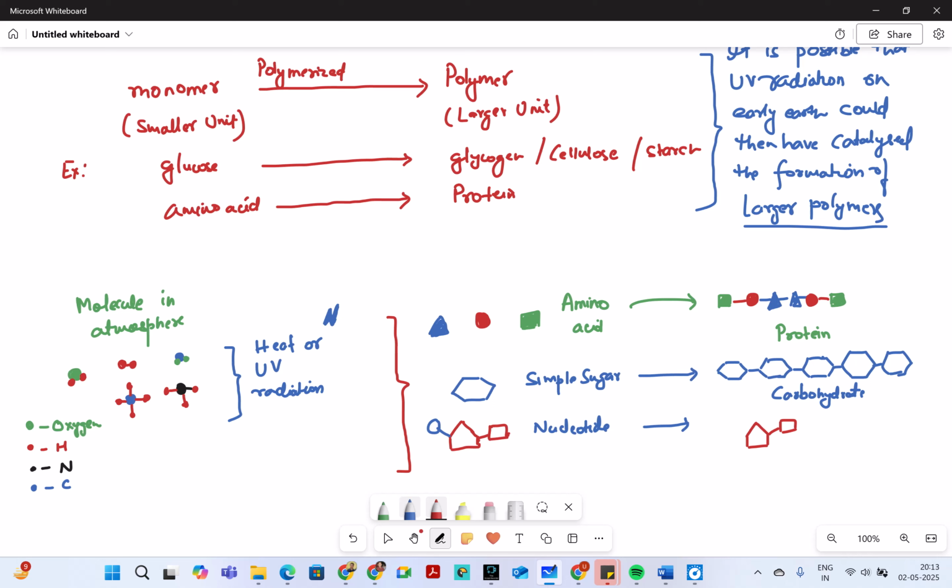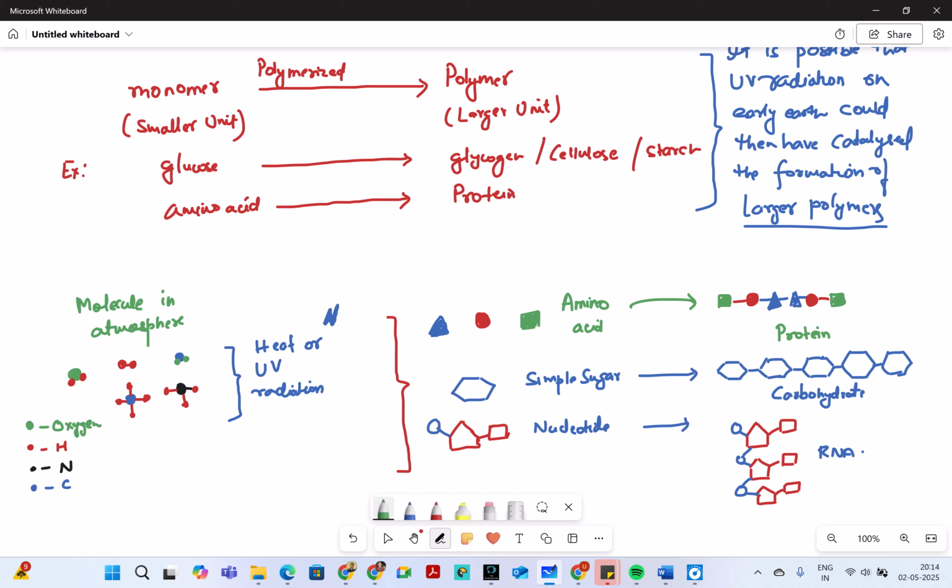This is one. Let me connect one more. Right? Let me add one more nucleotide. Right? So this is RNA molecule.